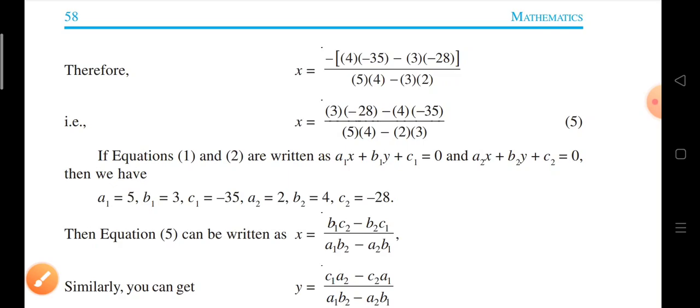So this is what is called cross multiplication method, by which we are able to solve the equation without making any coefficient of any variable equal. We can deal with any equation without making any change. We directly move to this method.